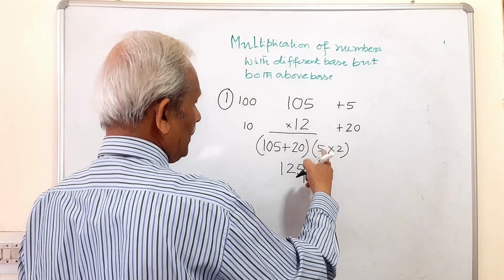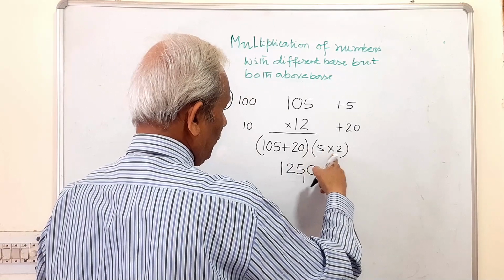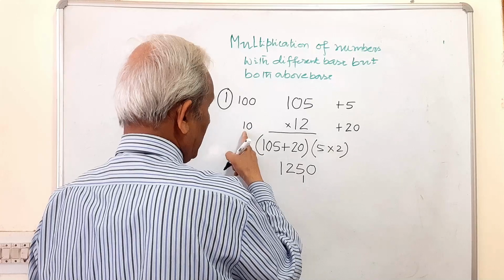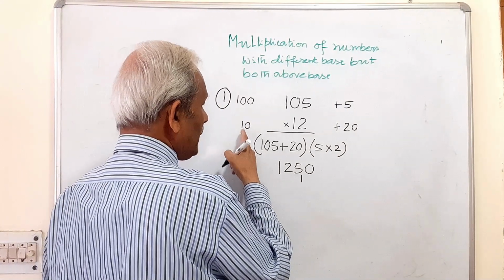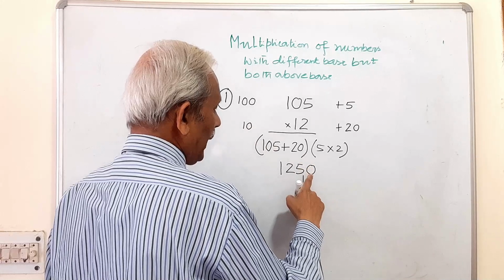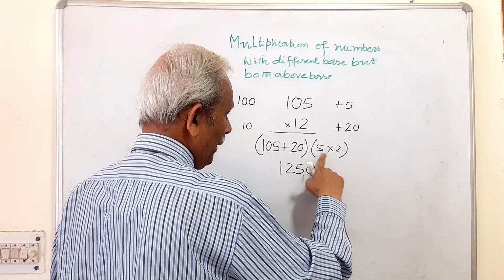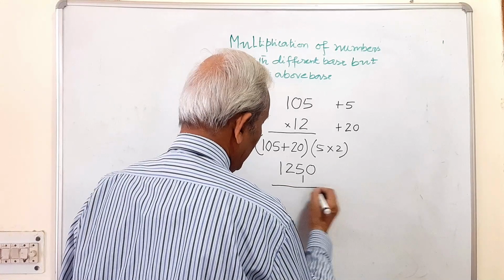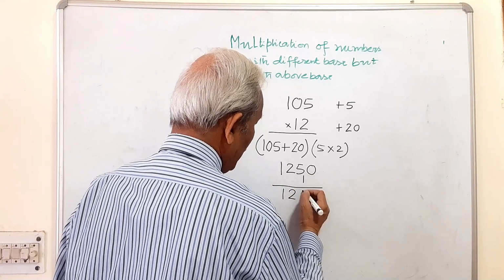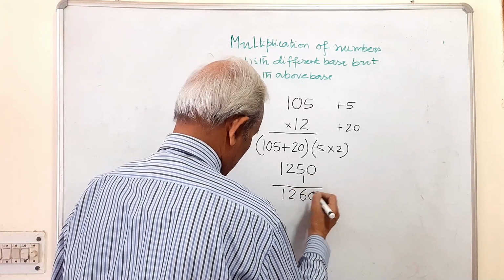Once again, since 5 into 2 is 10, but the zeros in the smaller number base is only 1, therefore, we can have only one digit here. So 5 into 2 is 10, we'll write one digit 0 and carry 1 here. The answer is 1, 2, 5 plus 1, 6, 1, 2, 6, 0.